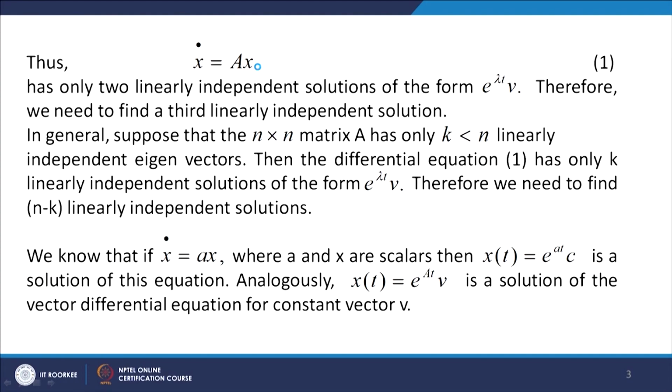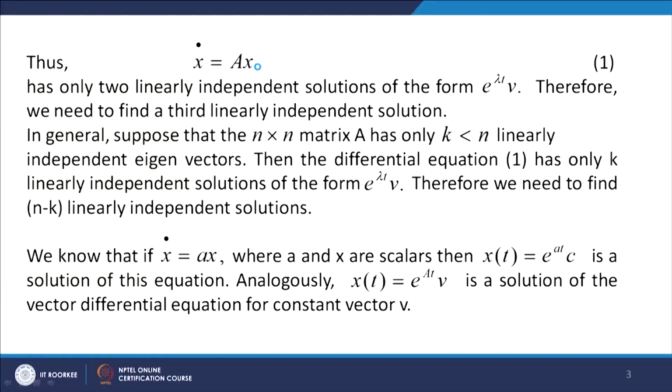Now, we need to find a third linearly independent solution, because in order to write the general solution of the vector differential equation x dot equal to Ax, we need n linearly independent solutions, and here A is a 3 by 3 matrix. So, we need 3 linearly independent solutions.